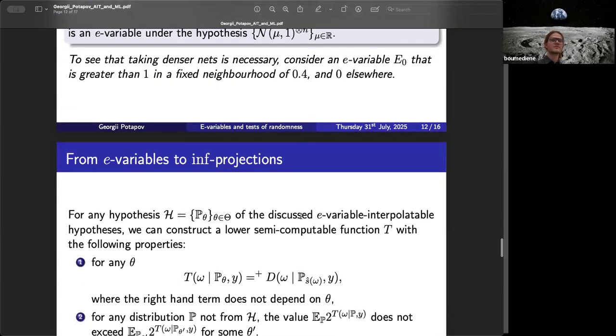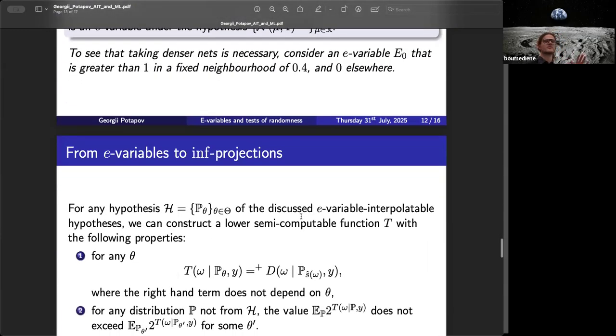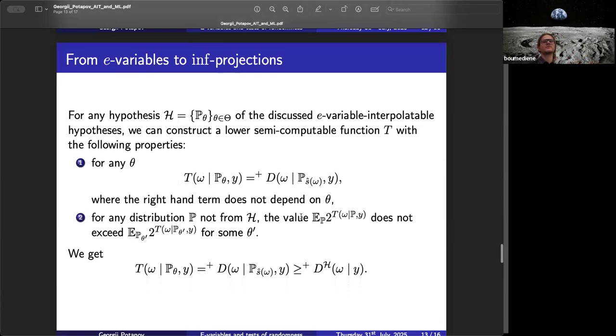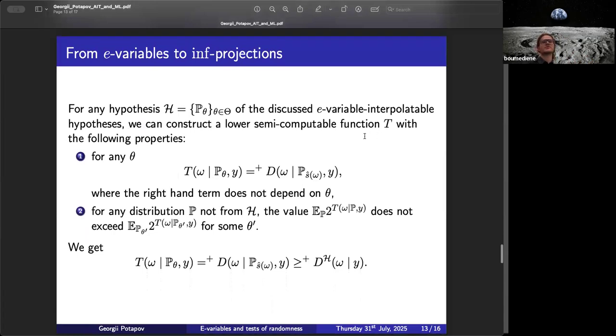Well, in the cases of all the distributions that we've mentioned so far, we can construct such a lower semi-computable function C, which would be equal to our randomness deficiency on the estimated parameter. So basically, what do we do?